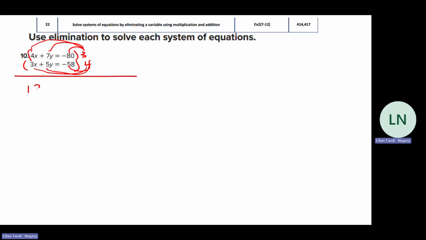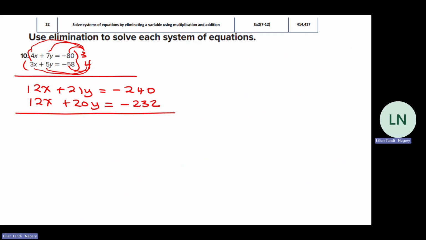Okay, this is 12x plus 21y equals to negative 240. This is 12x plus 20y equals to, what is 58 times 4? 232, but negative. Okay, we will subtract our houses. Make 3 houses. So this goes away.